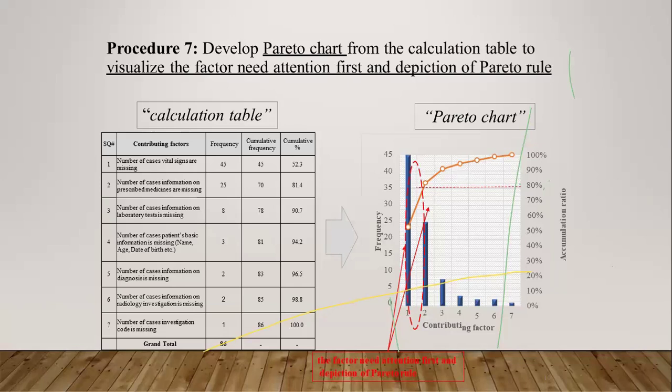When you insert your data into the Pareto chart and drop the line, the horizontal line that will run across to meet the bar graphs, that perpendicular line that you drop down, it will prioritize for you whatever falls on the left side. Whether it is 1, 2, or 3 contributing factors, whatever falls on the left of it, even if it is cut halfway, that is a contributing factor that you will have to take along with you.